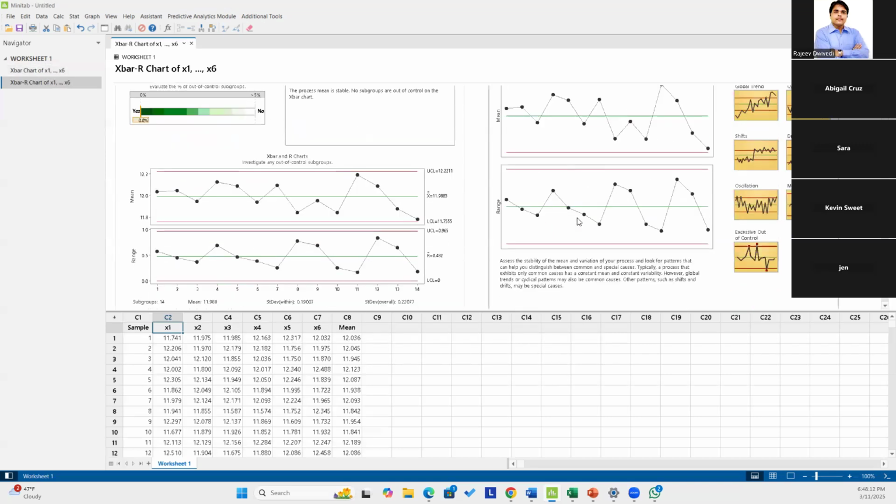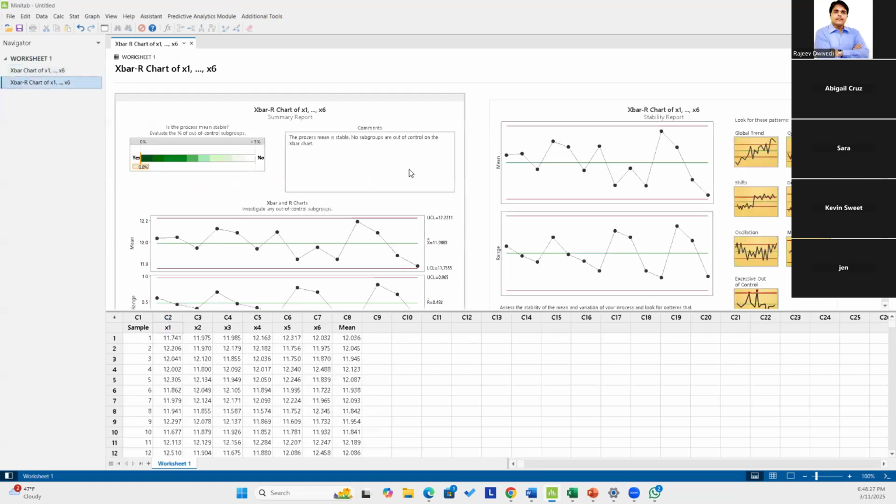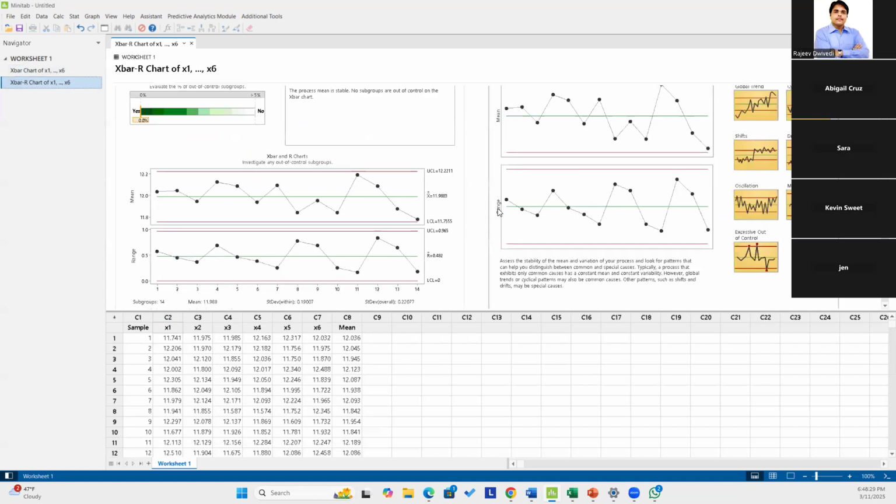And here you can see this is the X chart, and this is the R chart, the same chart that we saw in the previous case. So this is the X and R chart.